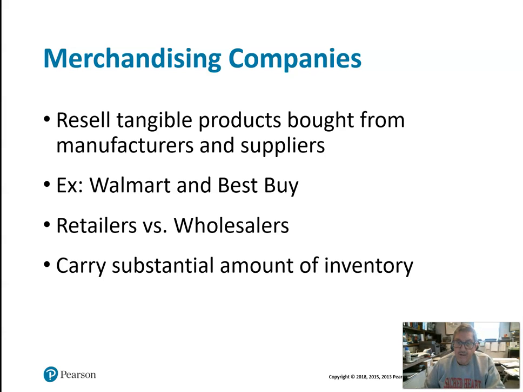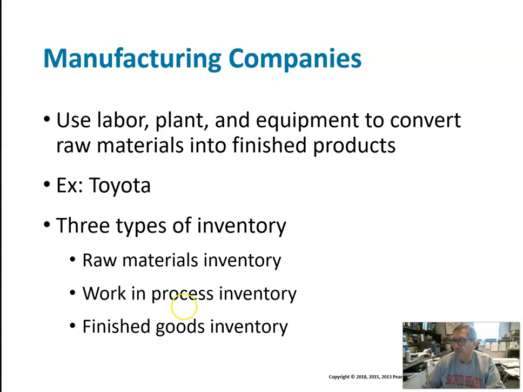But from a management accounting standpoint, there is no type of business that is more complex and requires more analysis than manufacturing companies. And that's because manufacturing companies do have the entire life span of a product that they're dealing with, right? So not only do they have labor to deal with, but they also have plant and facilities to deal with.